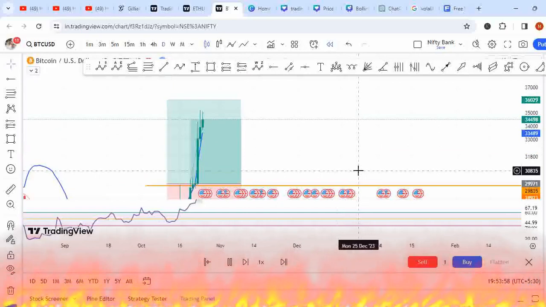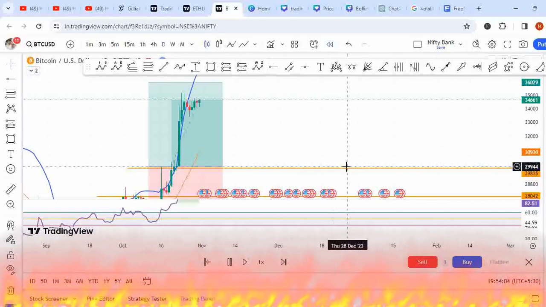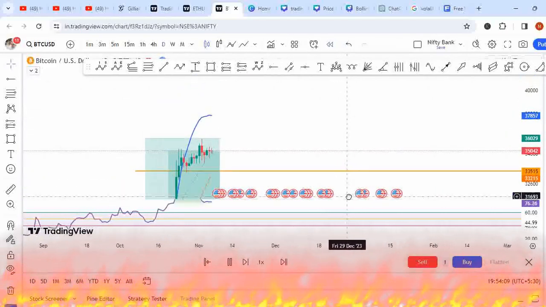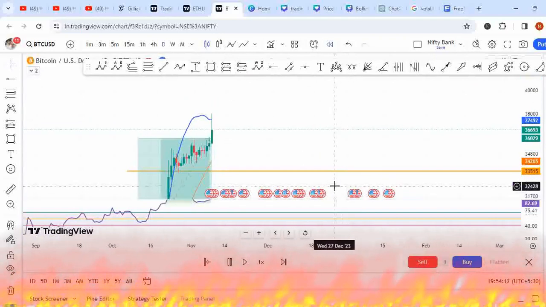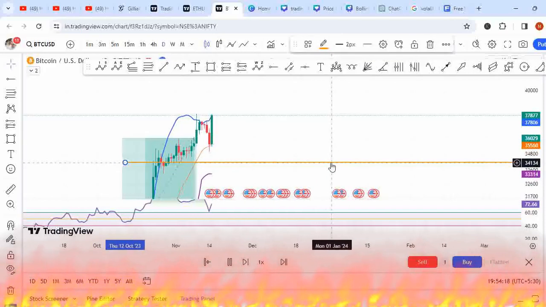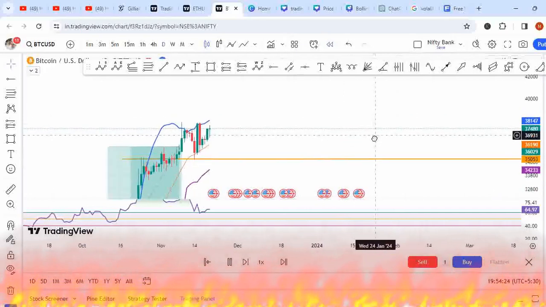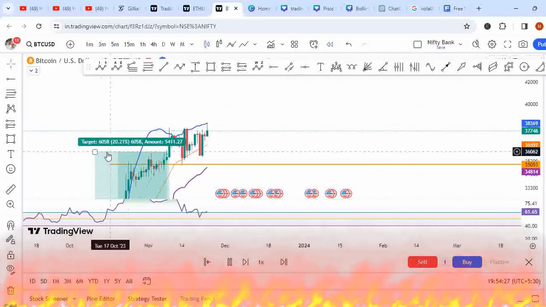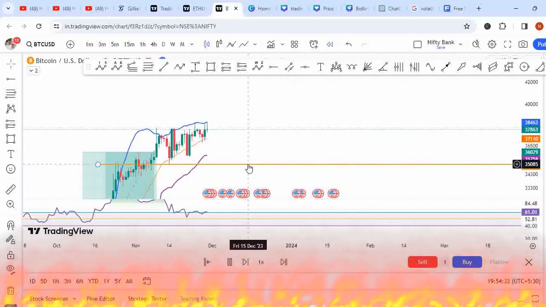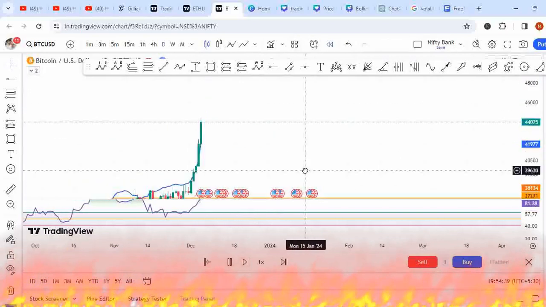See, now you can trail your stop loss here. You can trail your stop loss here again. See, almost at the target.